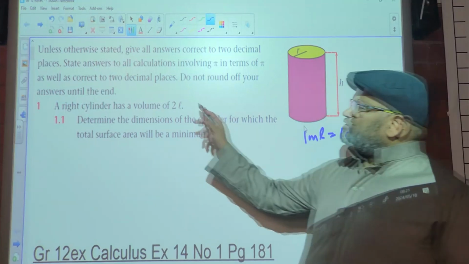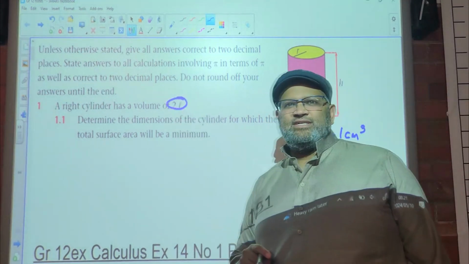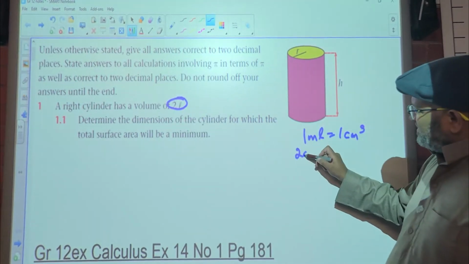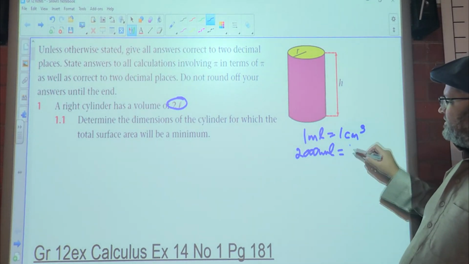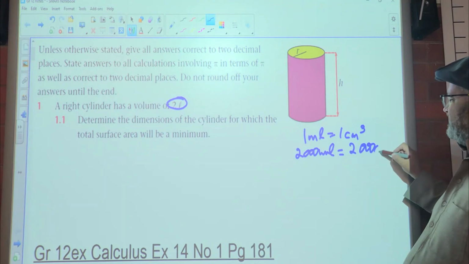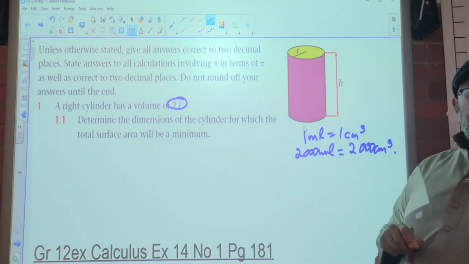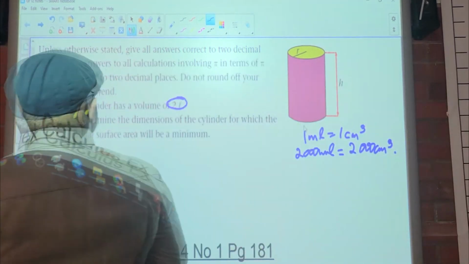Now, if you're looking at 2 liters, how many milliliters is that? 2000 milliliters, which is equal to 2000 centimeters cubed.